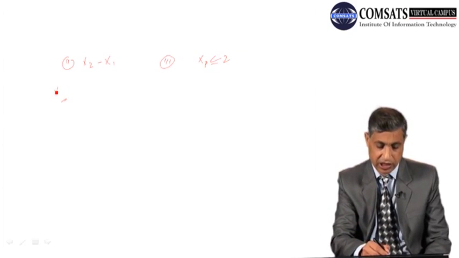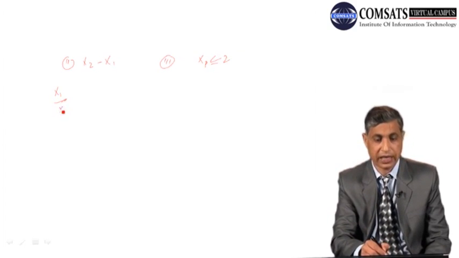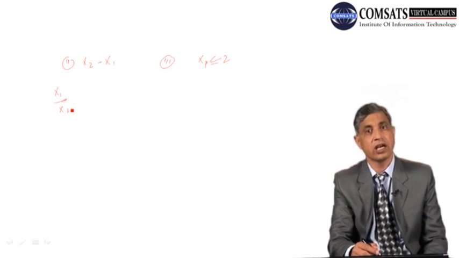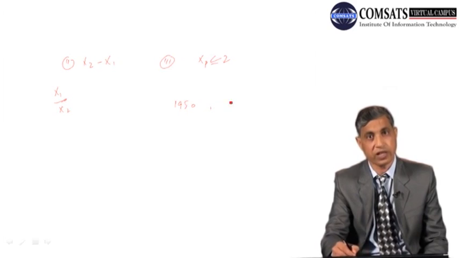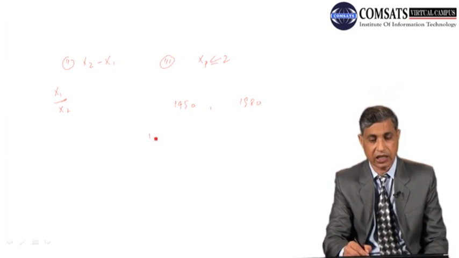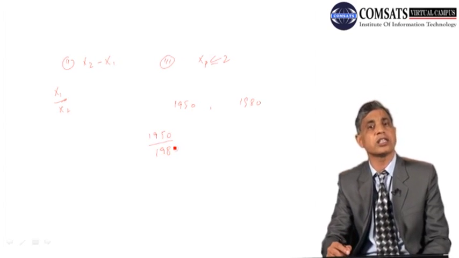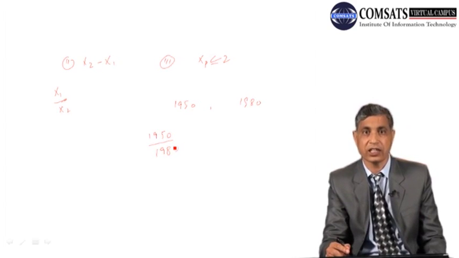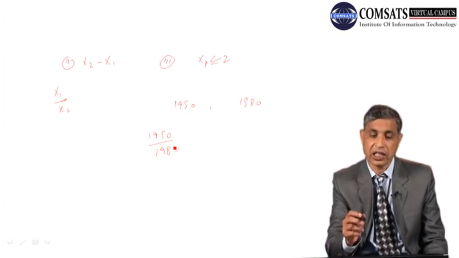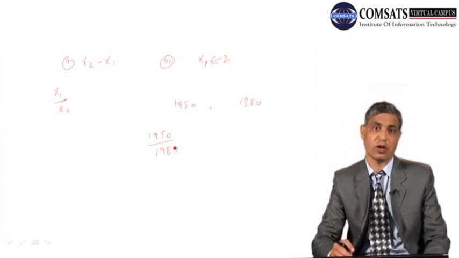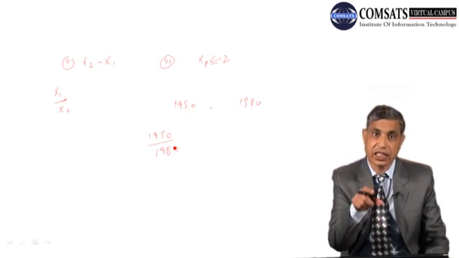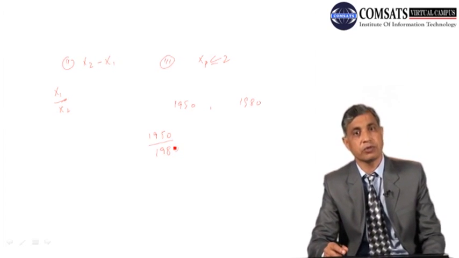Although we can take their ratio x1 over x2, it becomes meaningless. For example, if the time is 1950 and the other value of the time is 1980, then if I take 1950 by 1980, it is meaningless, it has no value. If 1950 and 1980 are two other values, then this is meaningful. But if it is time, if it is year, then it becomes meaningless.